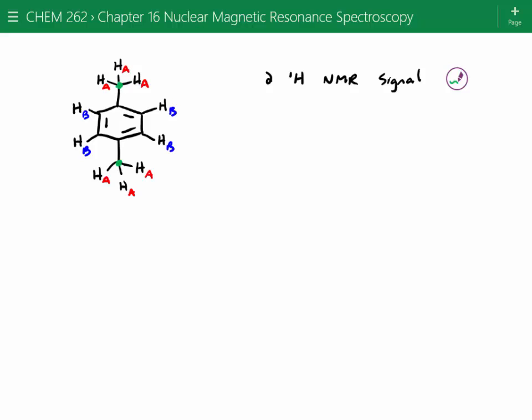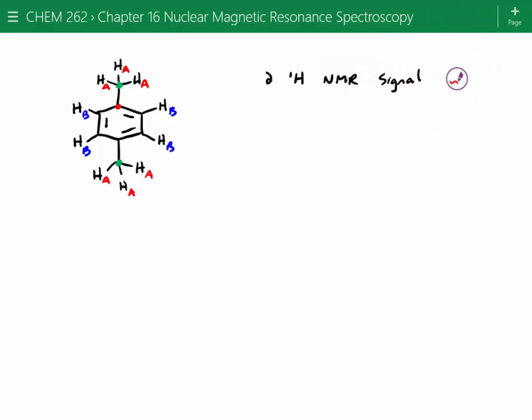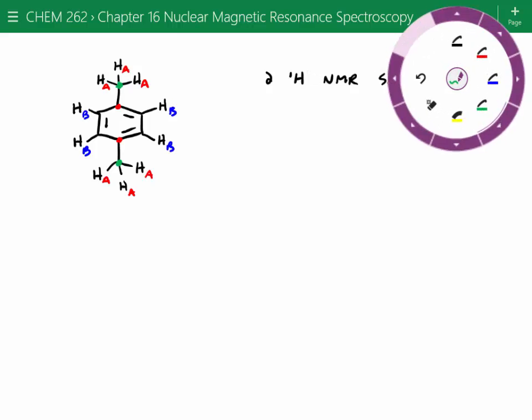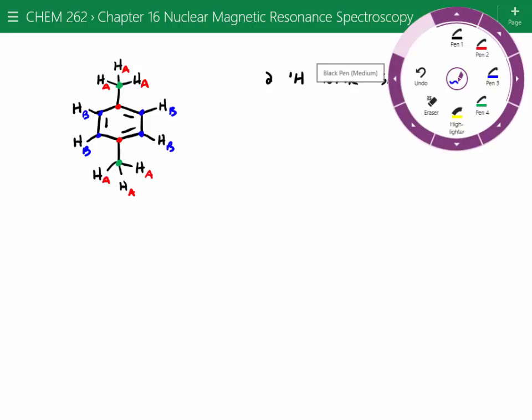So that's 1 unique set. What about this carbon? Is there any just like it? Yep, that one. And what about this blue carbon? Are there any other carbons just like it? Yeah, the remaining carbons. So how many unique sets of carbons do we have? 3.